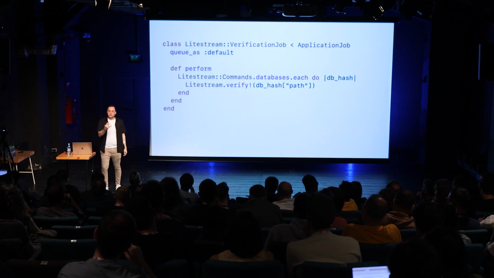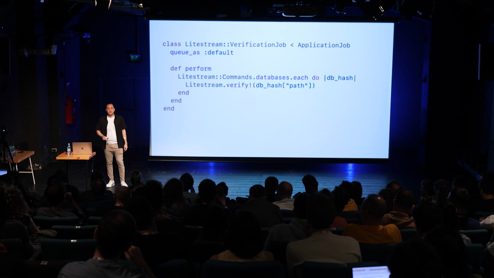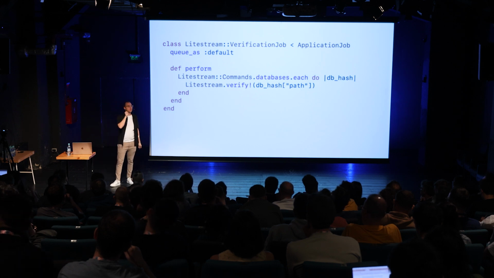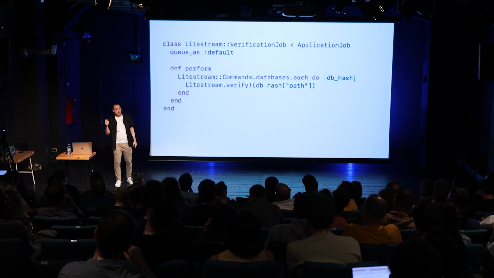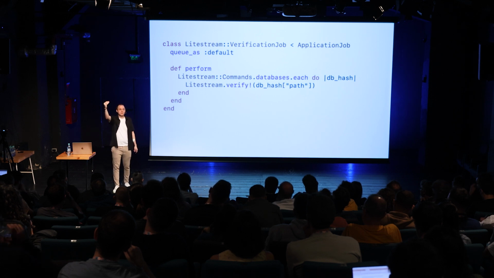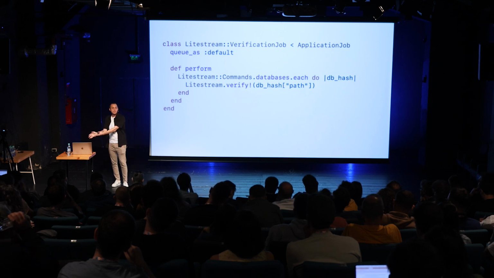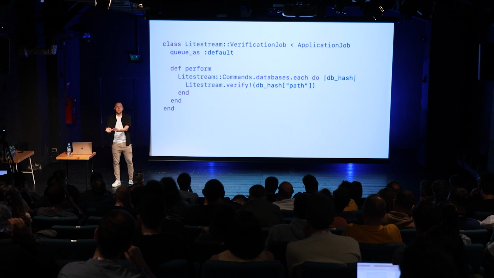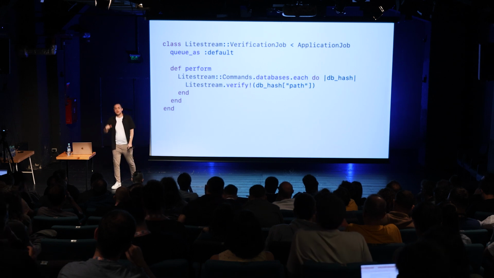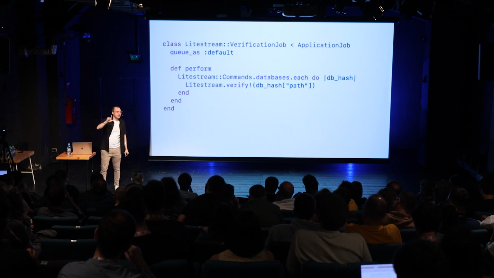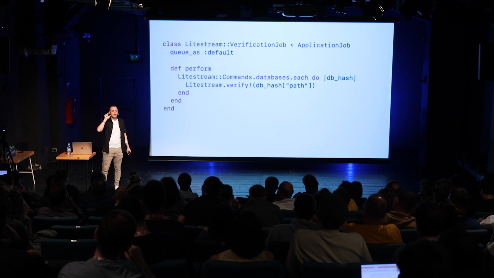So the gem also ships with this background job, which will verify that your backups are working. It does that by just throwing a single row into the table, waiting 10 seconds, running the restore command, opening up that file, and seeing if that row is there. And if all those things are true, then we know backups are working. When we restore, we get a real SQLite file. That SQLite file has fresh data within a window of 10 seconds.